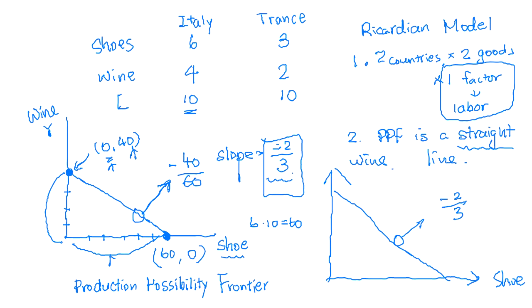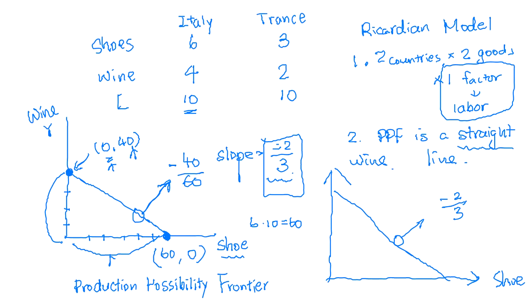This is something you have to feel very comfortable with starting at this point, because every model that we talk about, except for the gravity model, the specific factor model, and the Heckscher-Ohlin model, is based on the framework of the two-country model.